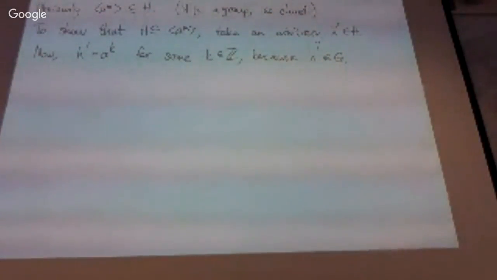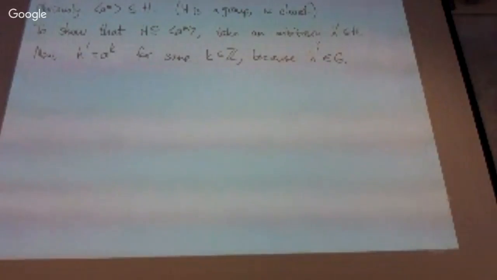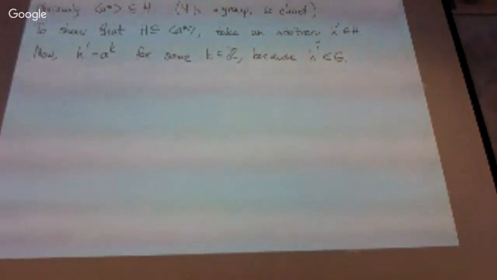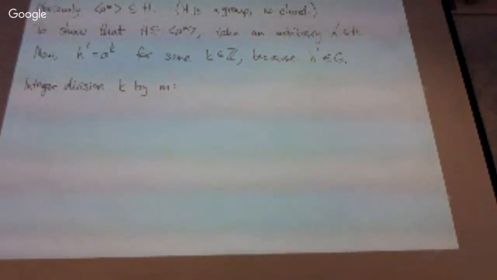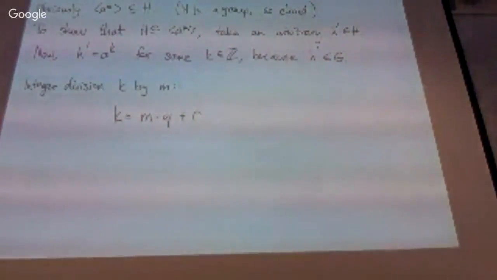Now, I don't know what this power is, but I know that it's an integer. I know m is an integer, actually a positive integer, and so I can do the division, k divided by m. Integer division. So k is m times q plus the remainder r.